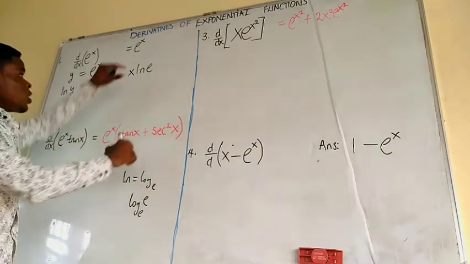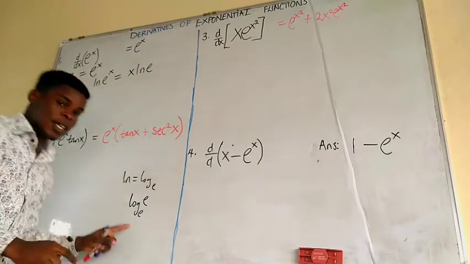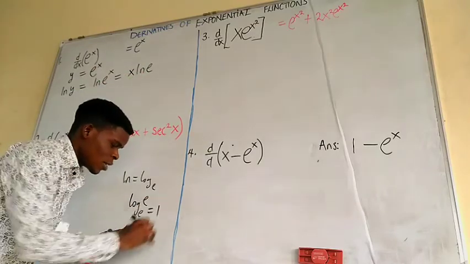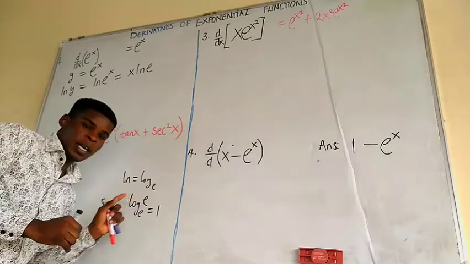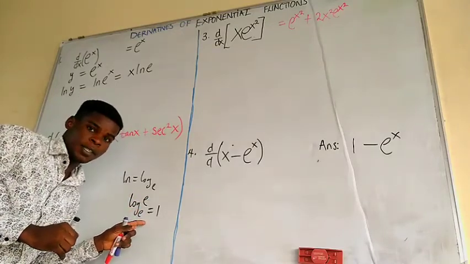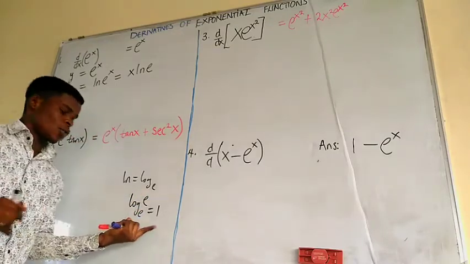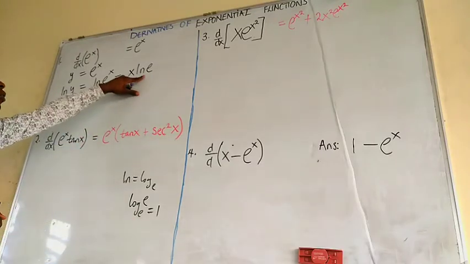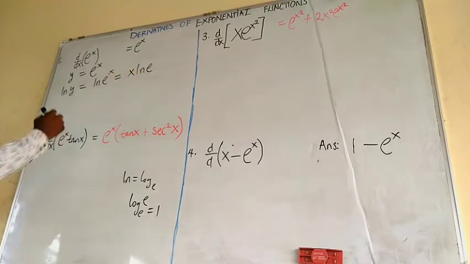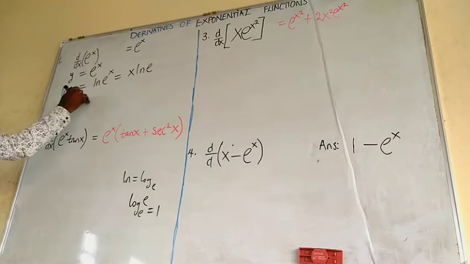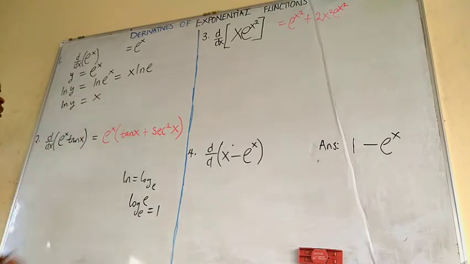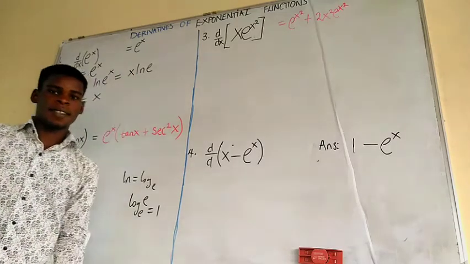This number here is the e. This alone has the base e. This is the same thing as saying 1, right? Log of the number to the same base, the number is in the base and the number there, so we just have it to be 1. And right here, we're going to have ln e to be 1. Therefore, we have that ln y is equal to x times 1, that is just x.